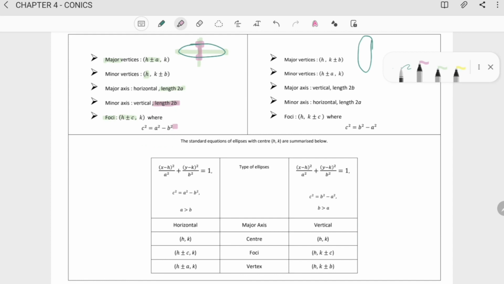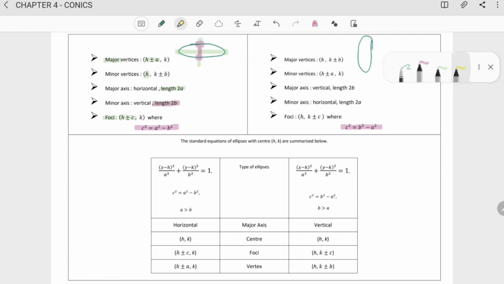How to get C? If you have A and B: because A is greater than B, C squared equals A squared minus B squared. For the vertical, B is greater than A, so B squared minus A squared gives C squared. Take the bigger one minus the smaller one.